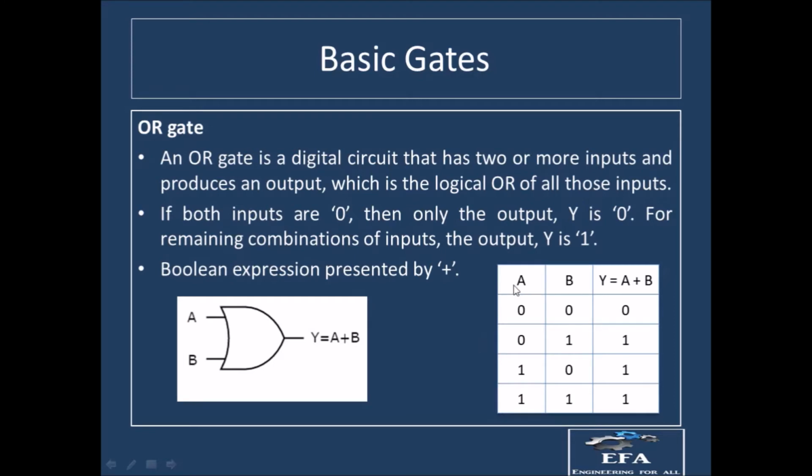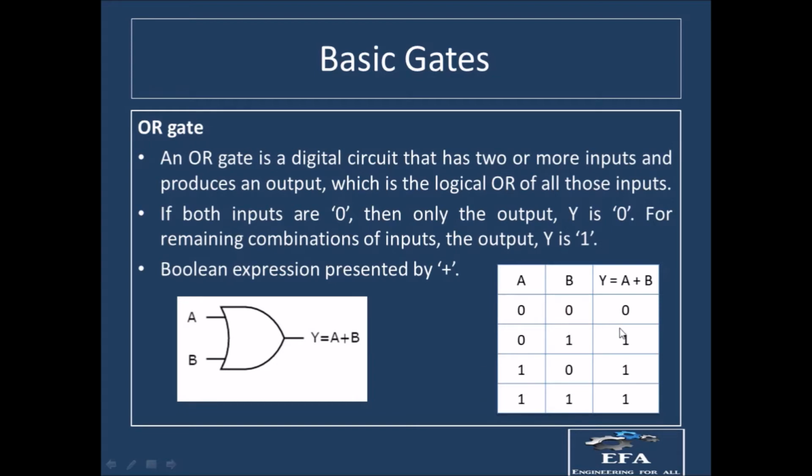Here A and B are the input lines, and Y is our output line. Y is equal to A plus B, where plus means OR gate. Now we will first write the values of A and B in hierarchical order: 0 0, 0 1, 1 0 and 1 1. It means we have 0, 1, 2 and 3 in decimal format.